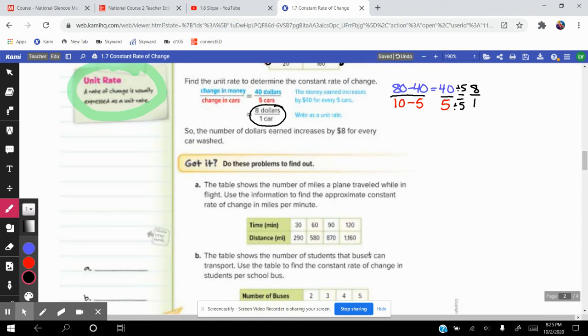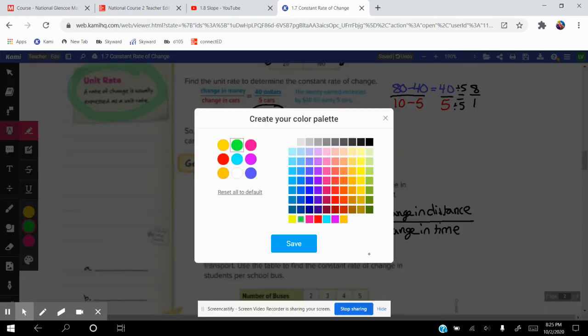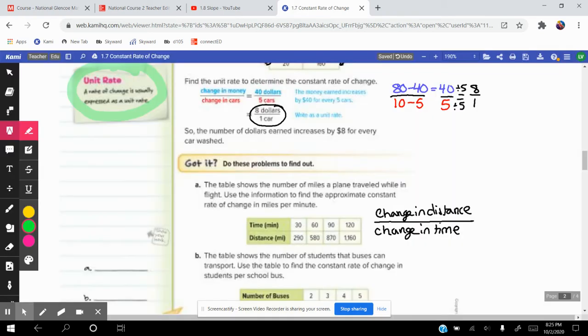That means that we're going to take the change in distance and divide it by the change in time. So the change in distance is referring to these values down here in miles.